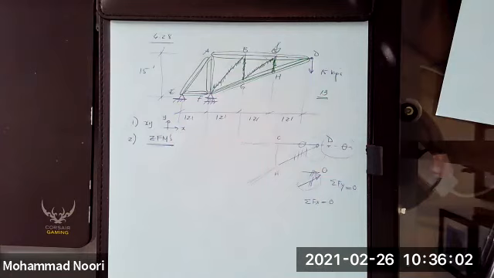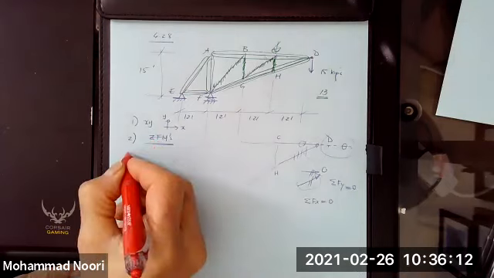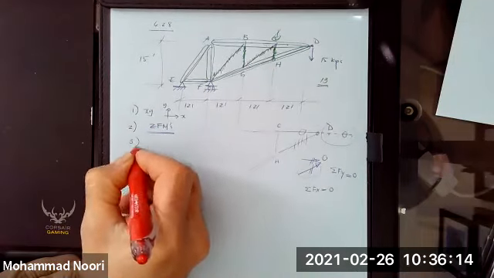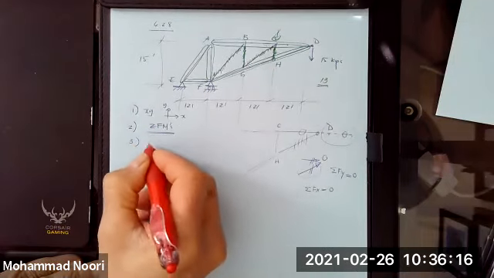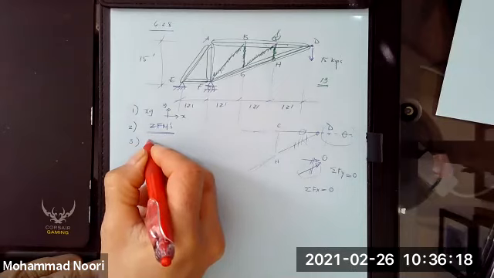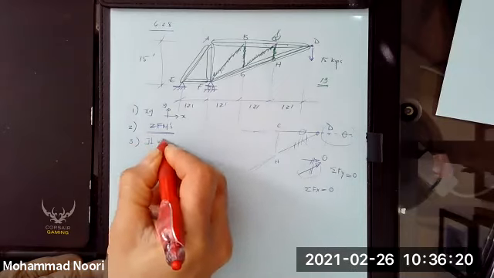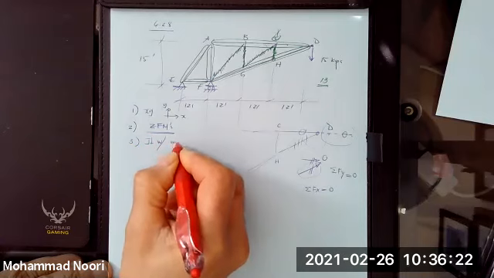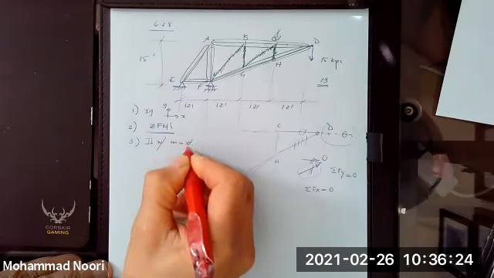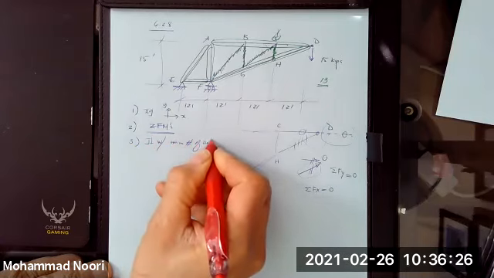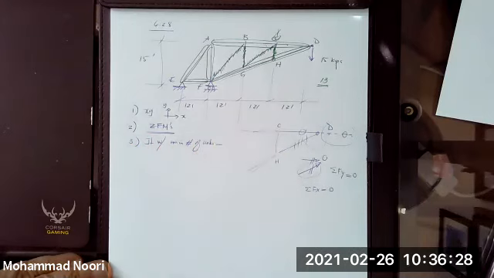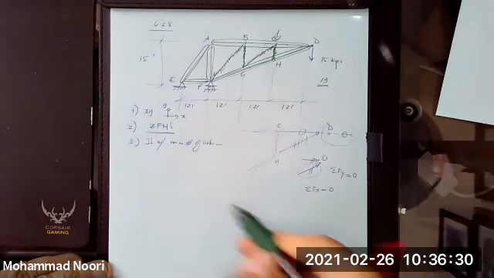Doesn't it make your life easier? If you had not detected those zero force members, imagine what a pain you would have to go through. Okay? So once you've done that, now I'm gonna go with what? Start at a joint with minimum number of unknowns. Okay? And what would that be?